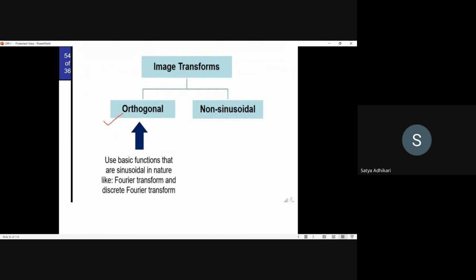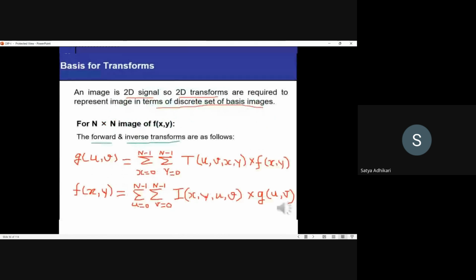We don't have any non-separable method, which is very complex. An image is a 2D signal, so a 2D transform is required to represent an image in terms of a discrete set of basis images.